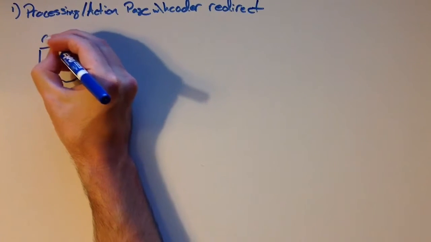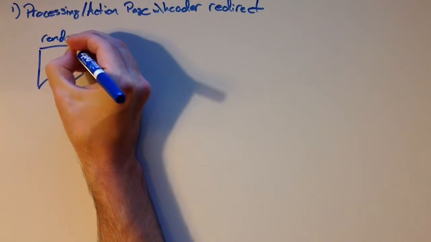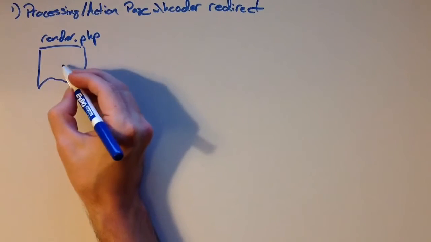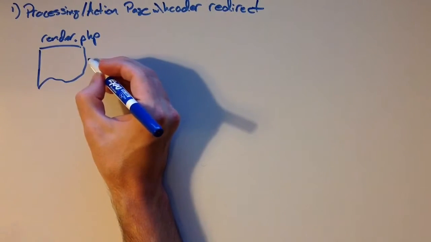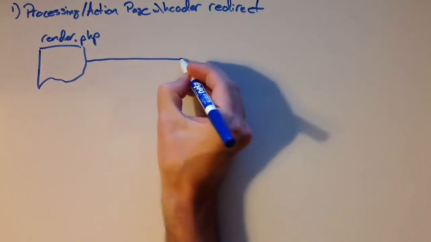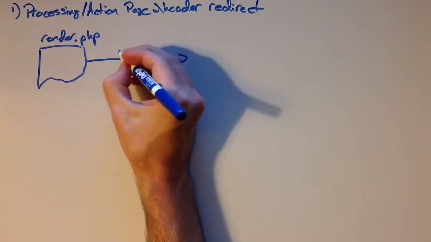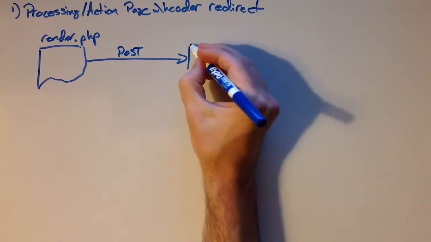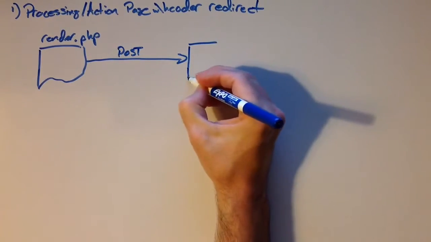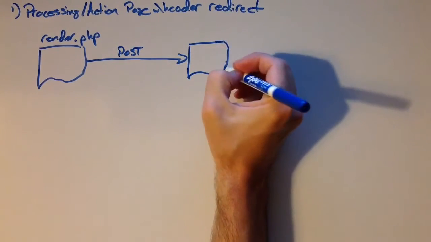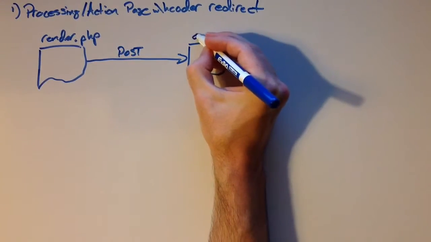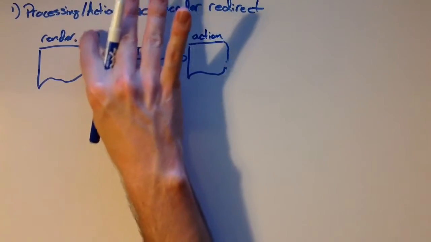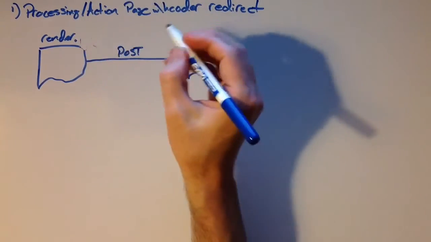We'll just call it render.php. This will display the form, and you'll click a submit button on that form, and it will do an HTTP post to a second page that will perform the action. This is not PHP specific, so I'll just call it render and action.